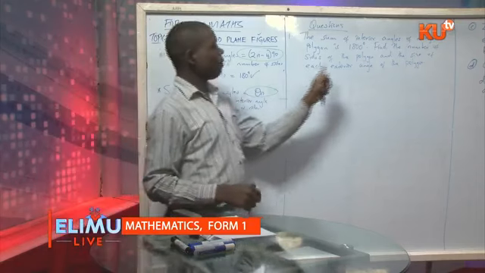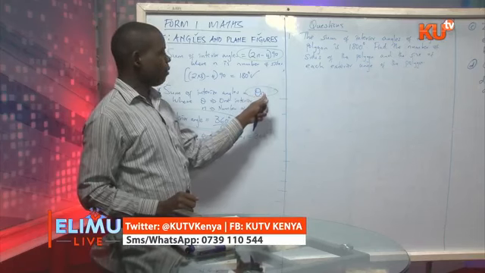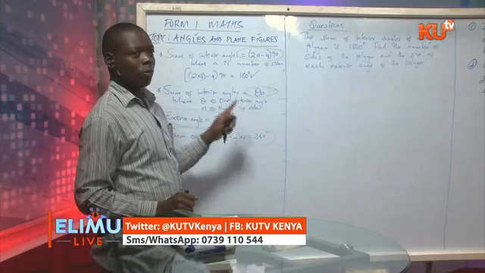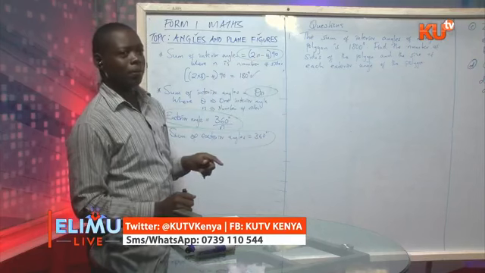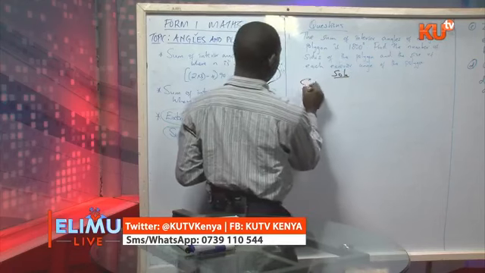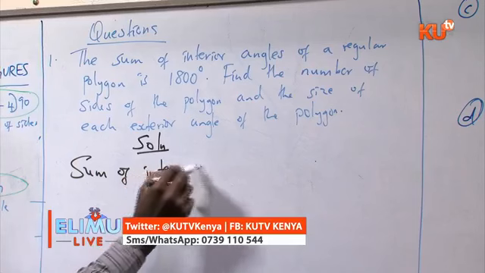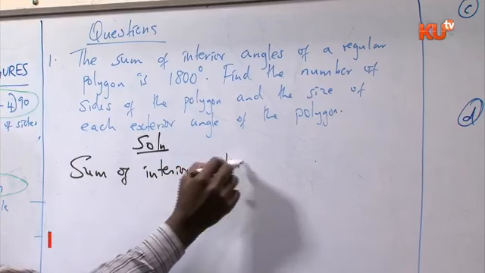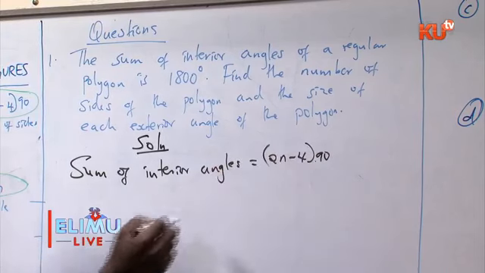Why? Because one of the things asked is theta. So we don't have theta and we don't have n. So what we have to do is work it out with the first formula, that the sum of interior angles is 2n less 4, times 90.